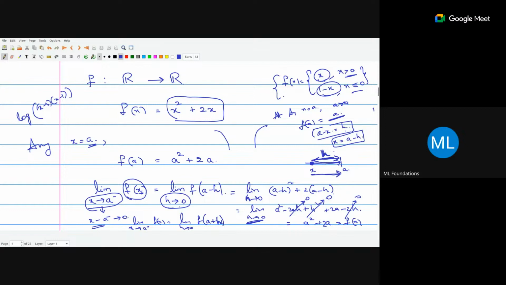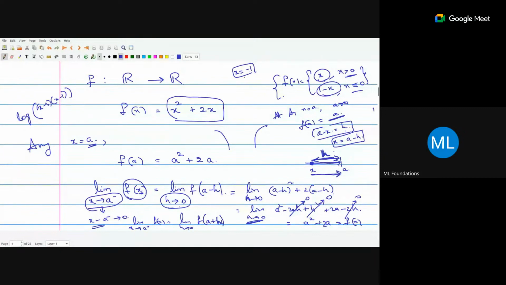All are negative values. You should check for negative values. For example, if you just take x is equal to minus 1, you want to verify whether it is continuous at x is equal to minus 1 or not.